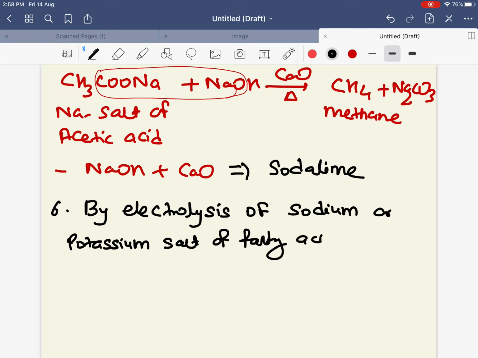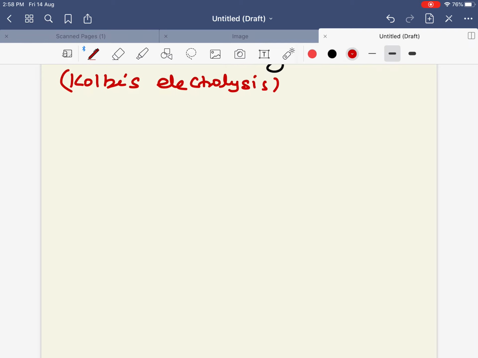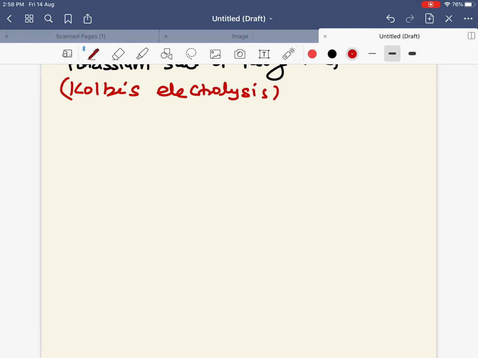Generally it is also known as Kolbe's method or Kolbe's electrolysis method.